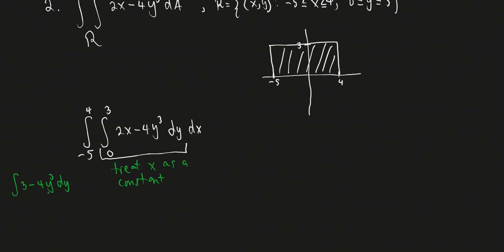Since 3 is a constant, the integral of 3 with respect to y would give me 3y. And then over here, I would have minus y to the 4th, and then there would be a plus c or something there.